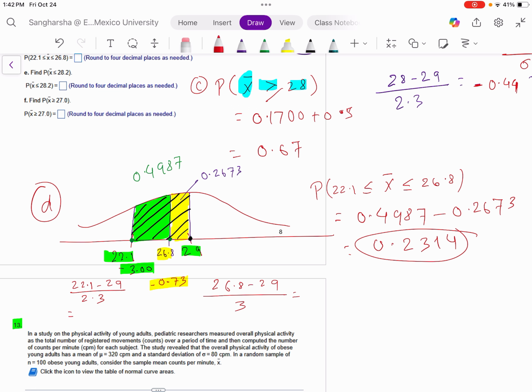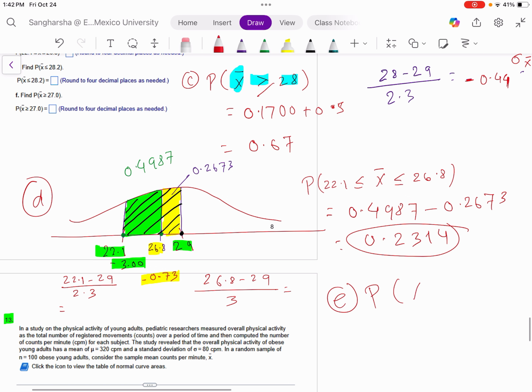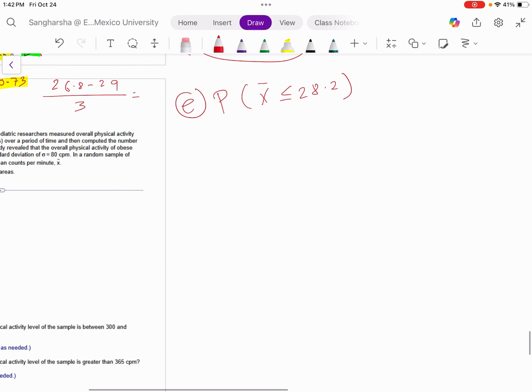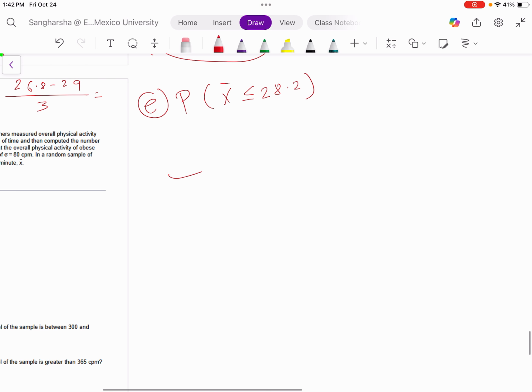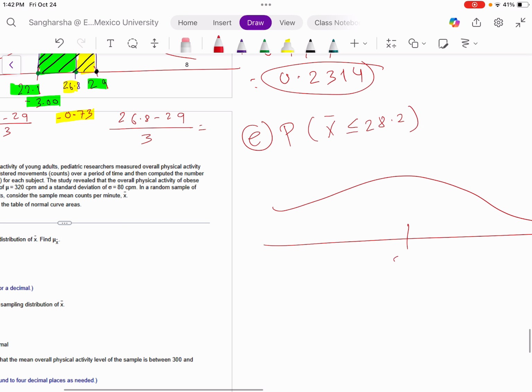Now for part E, we want to find the probability that our x bar is less than or equal to 28.2. Start from a bell-shaped curve. Mu of x bar is still 29.